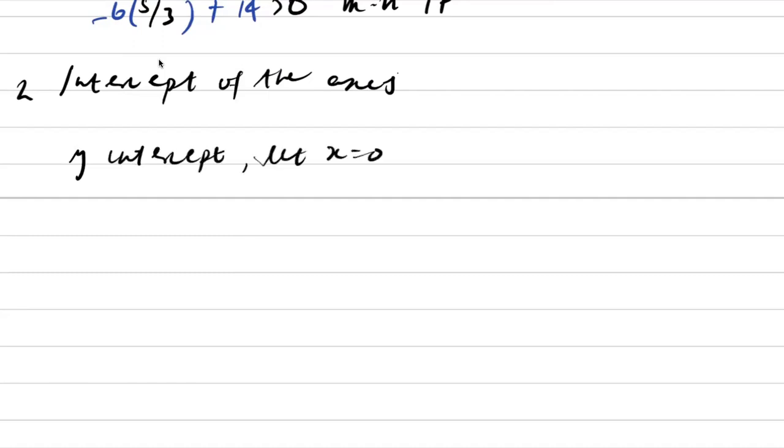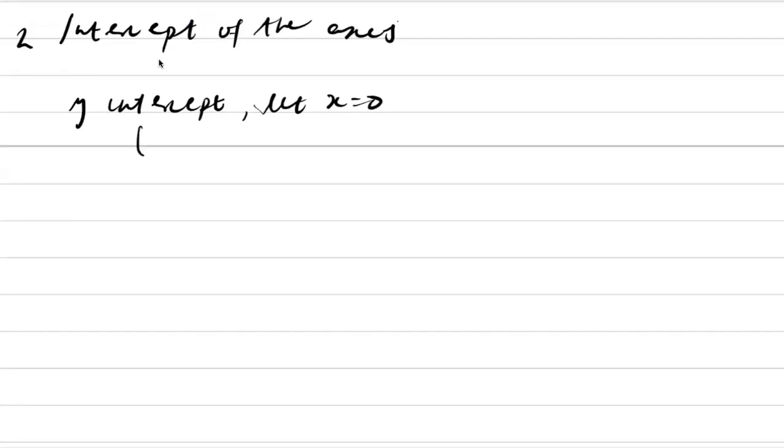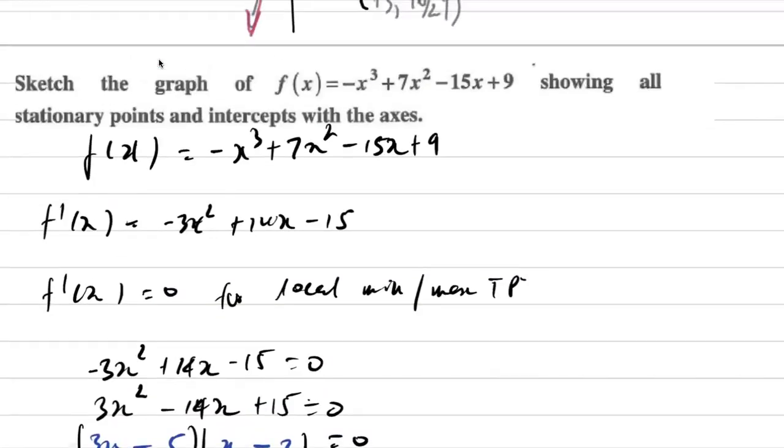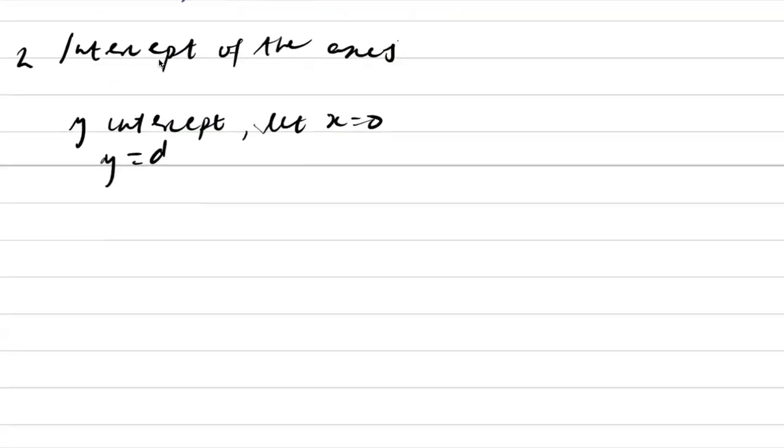We also know that y equals the constant. What is the constant here? It's a 9. So we have the 9 here. So the intercept is 0 and 9.